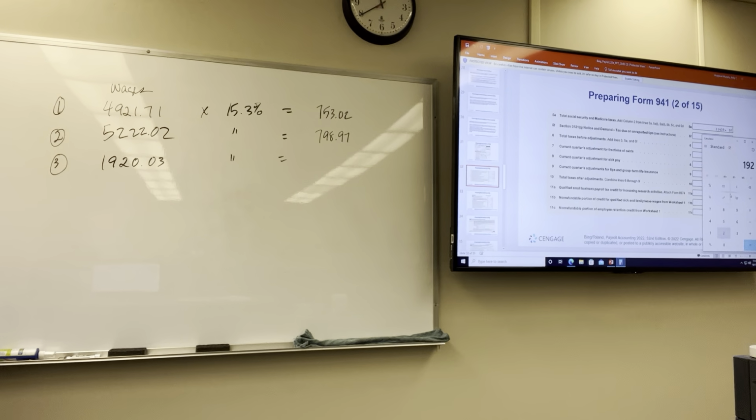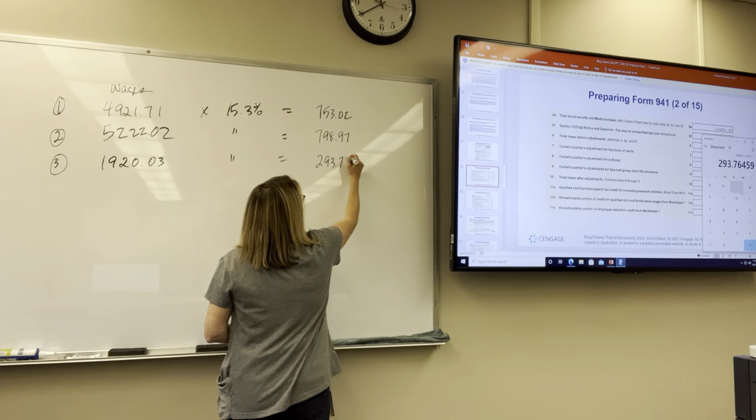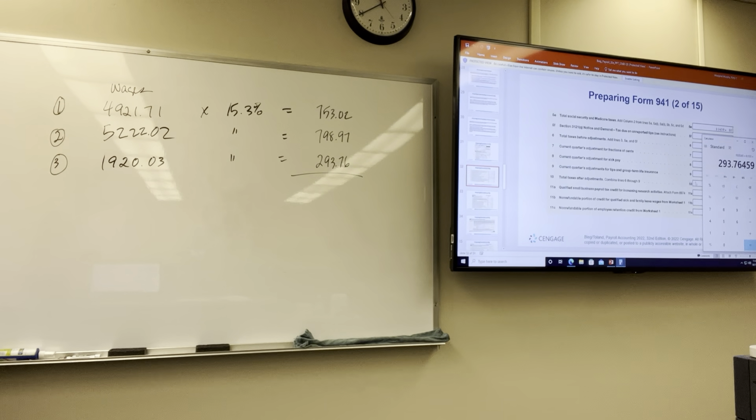We have to round this. And 1,920.03 times 0.153 is 293.76. So this is the amount we would have deposited during the quarter. So 753.02 plus 798.97 plus 293.76 is 1,845.75.